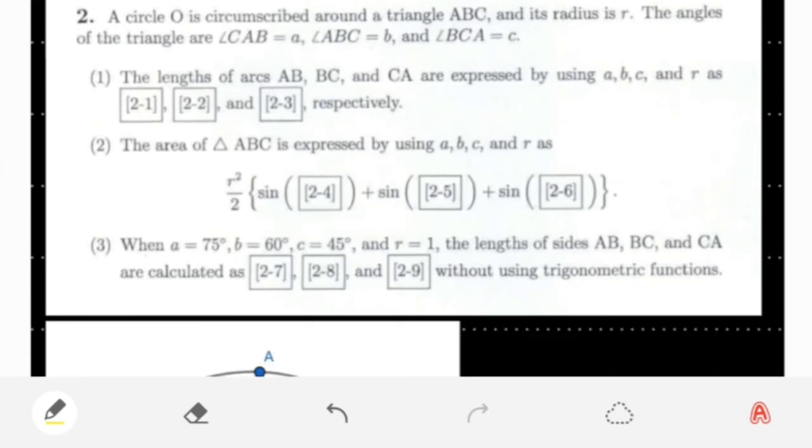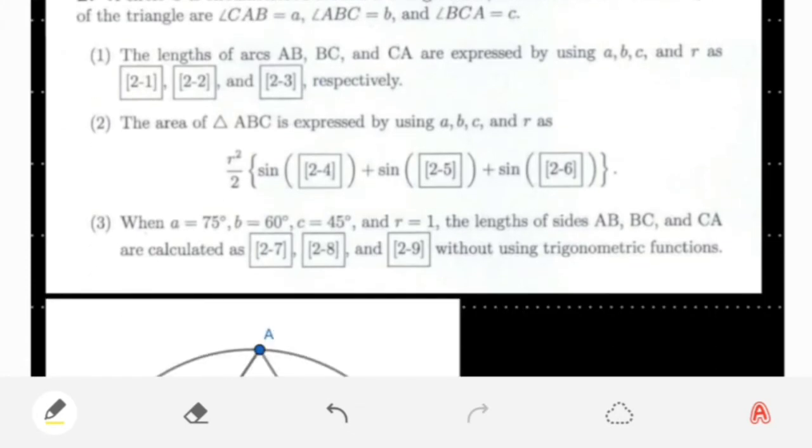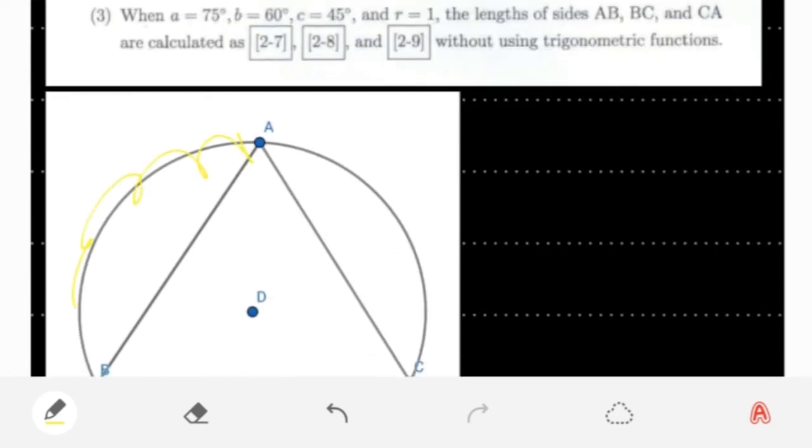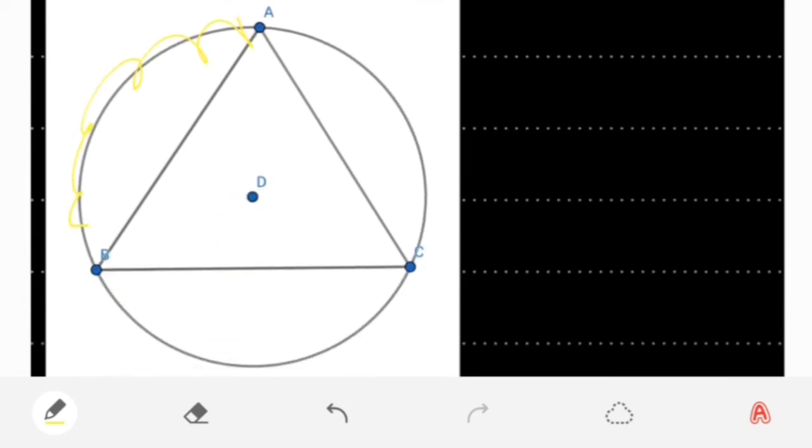So look, the arc length of AB and BC. So he basically wants these arc lengths. So we can use the first rule that we showed, right? The relation of this angle over here, look, this is the arc, here and here.